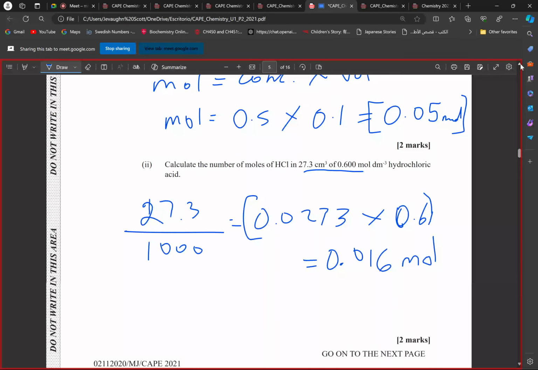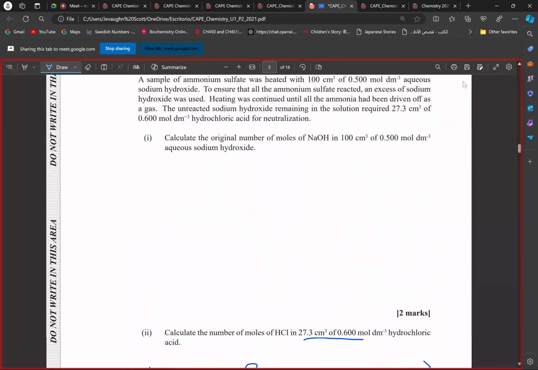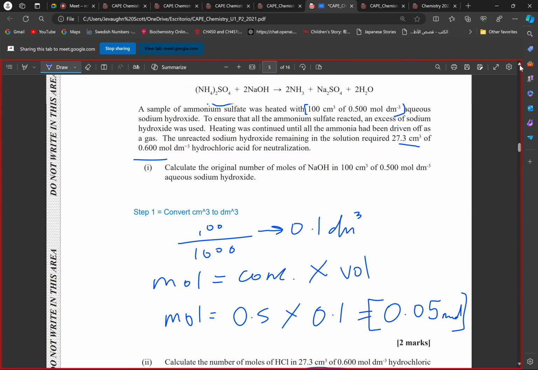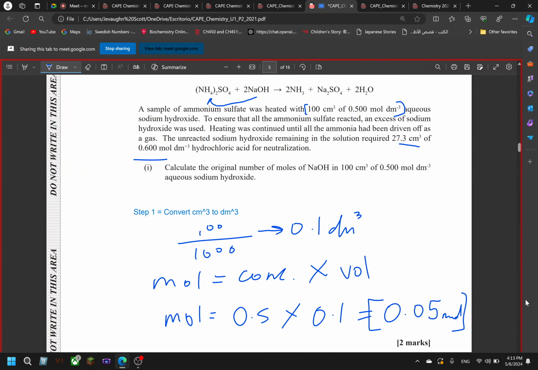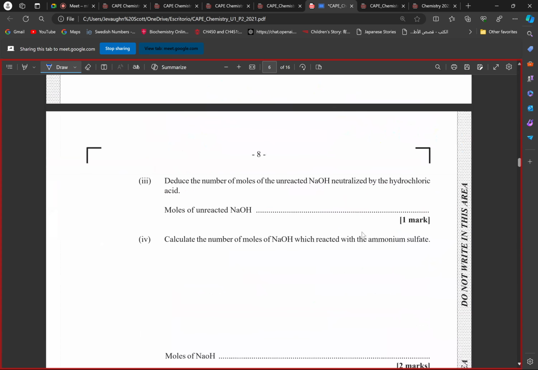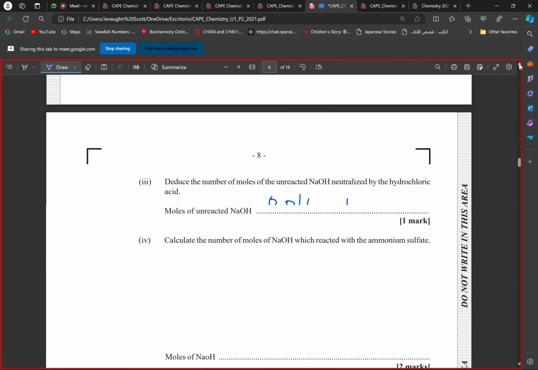All right. Anybody has any issues with that? No issues. Sir, wouldn't that be to find how much of it did react? But you're trying to find how much is unreacted. Oh, what we're trying to find is how much did react with ammonium sulfate. That is what we're looking for.